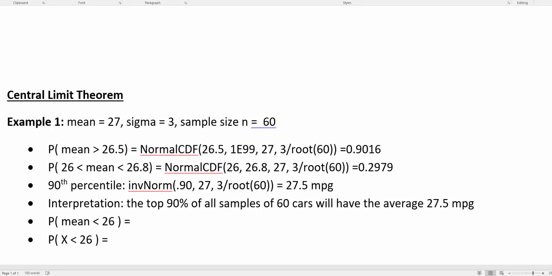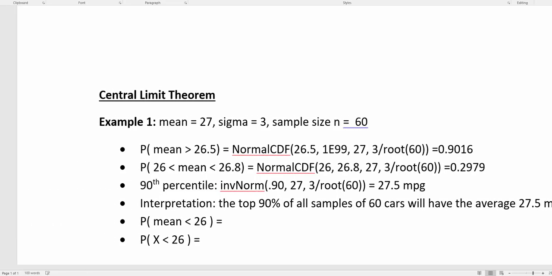That's your interpretation. This is going to be the higher value. So the top 90% of the samples of 60 cars will have the average of 27.5 miles per gallon for your gas economy.